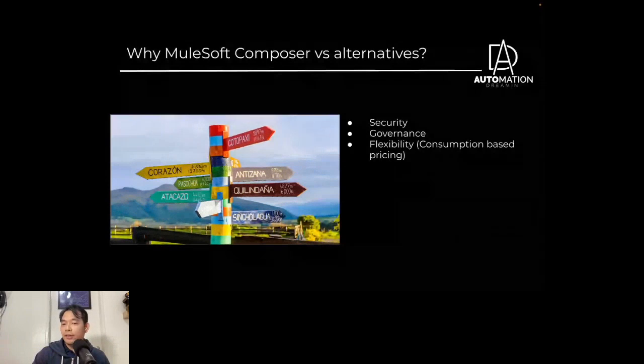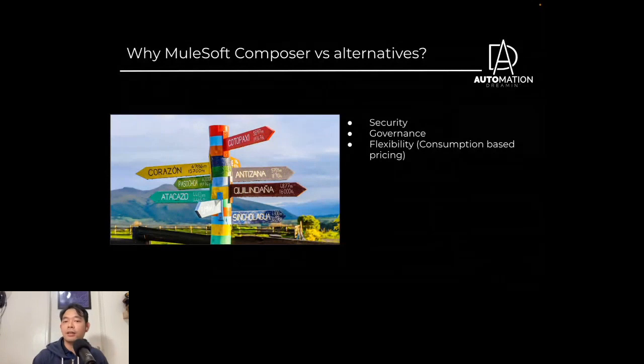And then at the same time, flexibility, right? So it's actually consumption based. There are many different options out there, but this also provides you a credit based model, meaning, for example, for Composer, you could use your credits on RPA or other solutions. And then it's also scalable. It's actually a MuleSoft automation platform.